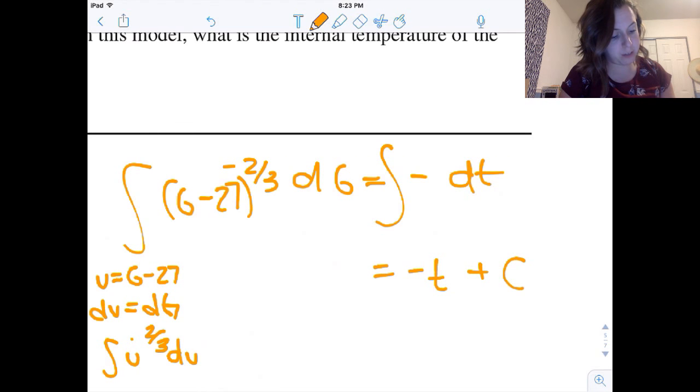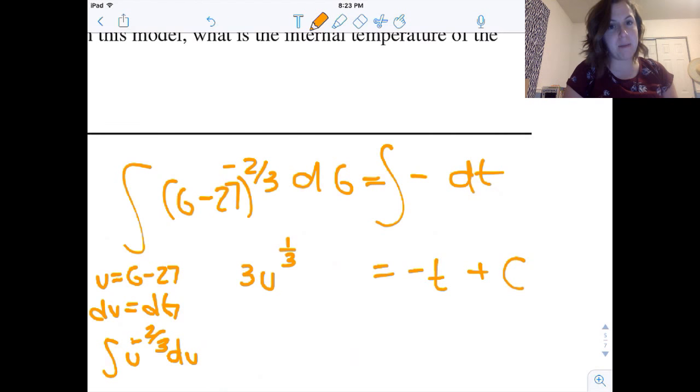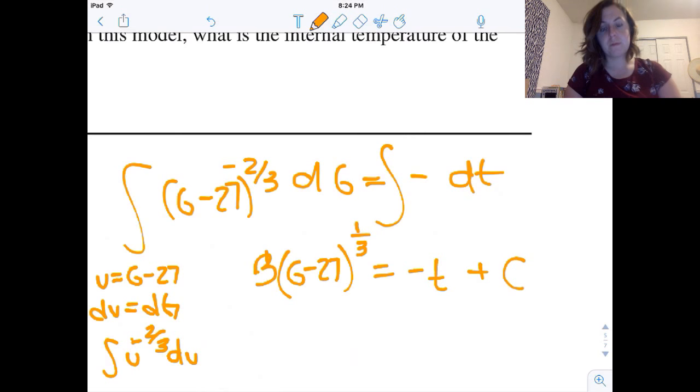This is power rule. So this would be u to the 1/3, right? Negative 2/3 plus 1. You need a number out front to cancel. Multiply by the reciprocal of that. And then I know I don't want it in terms of u, so it would be 3 times (g minus 27) to the 1/3.